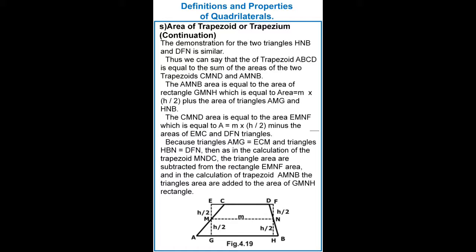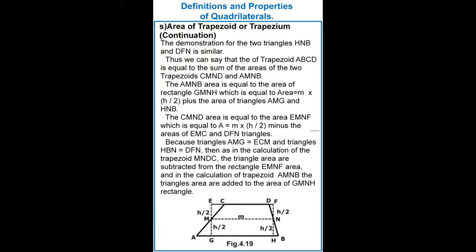Then, the formula of the total area of the trapezoid ABCD is equal to the dimension of the straight line segment M multiplied by the dimension of the straight line segment H. But the straight line segment M has a dimension equal to the sum of the dimensions of the straight line segments AB added to the straight line segment CD divided by 2.